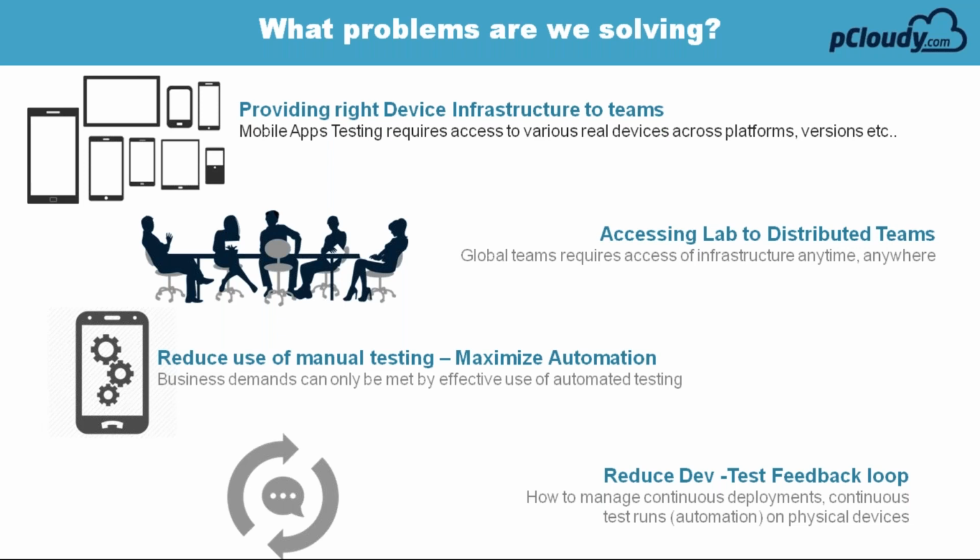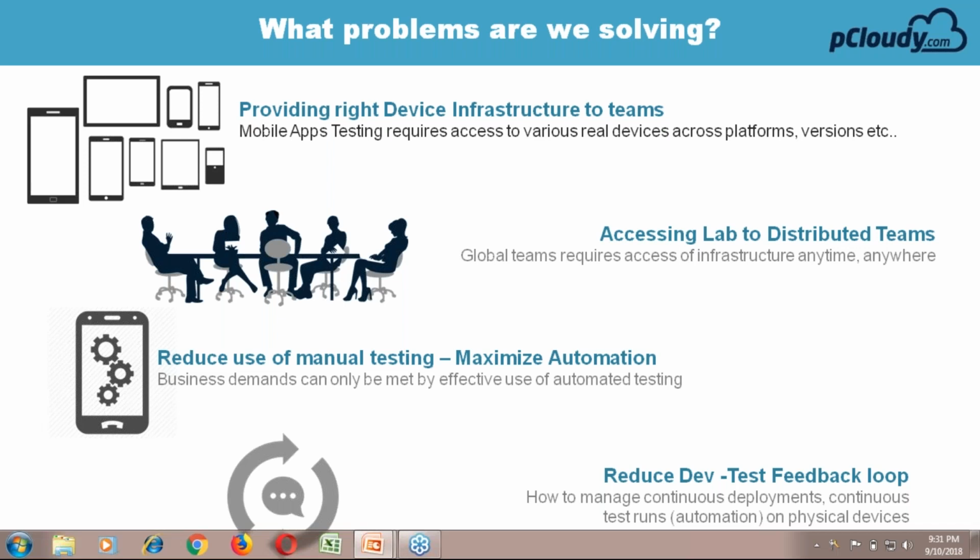Our emphasis is more on maximizing automation, which is what the entire industry is trying to achieve. The previous demonstration is also for the same thing. We can use pCloudy to maximize your test automation, be it for test creation or test execution.